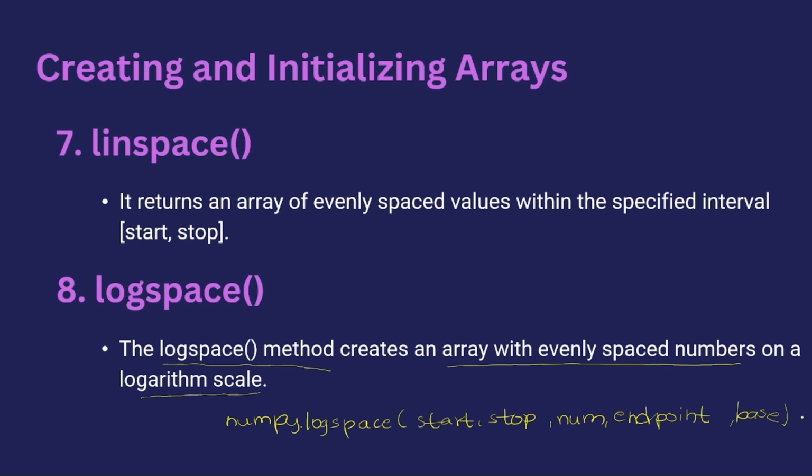It is much similar to linspace. Here start is the start value of the sequence, stop is the end value, and num is the number of samples we need to generate, and endpoint we already saw before, and base is the base of the log scale.